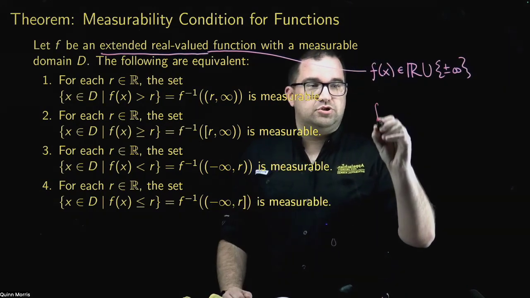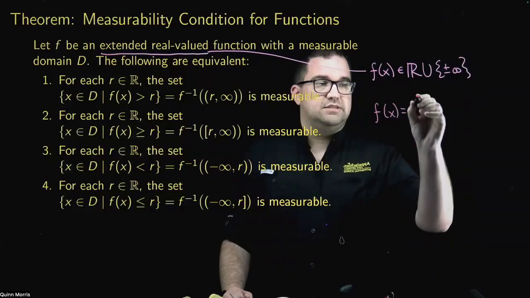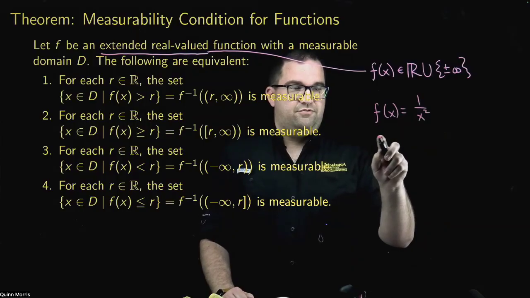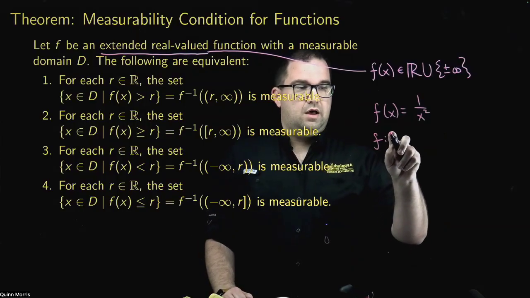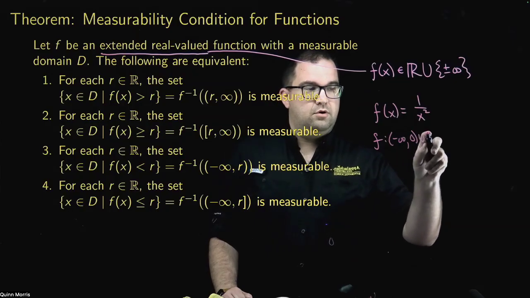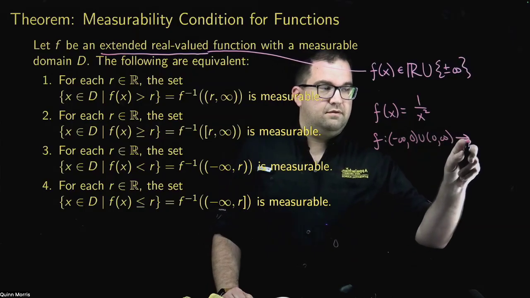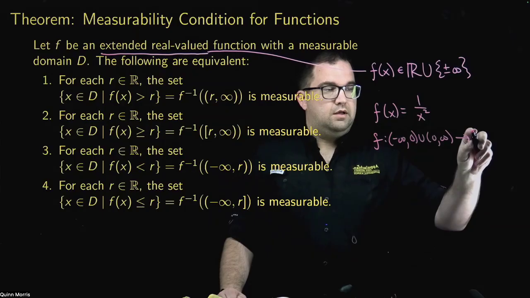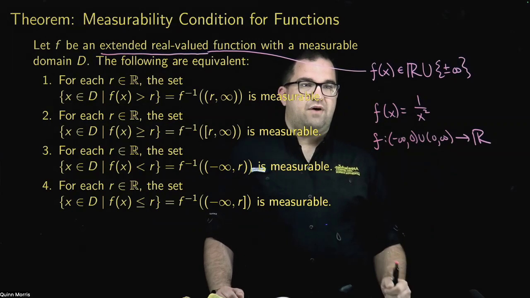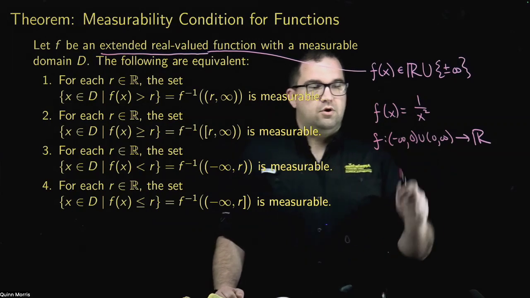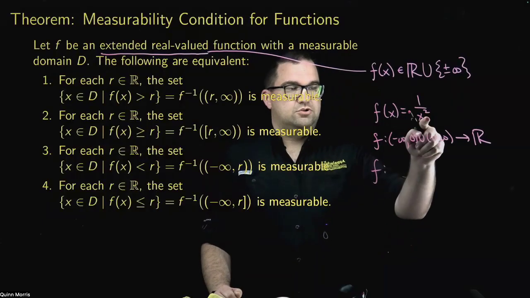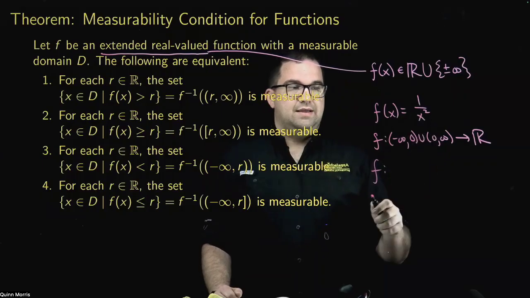So when you think about a function like f of x is equal to 1 over x squared, typically we have thought of that as a function f which maps from minus infinity to 0, union 0 to infinity, into the reals. And we define the domain in this way because it's undefined at 0. Well, I could think of taking this function and at 0, just defining it to be infinite.